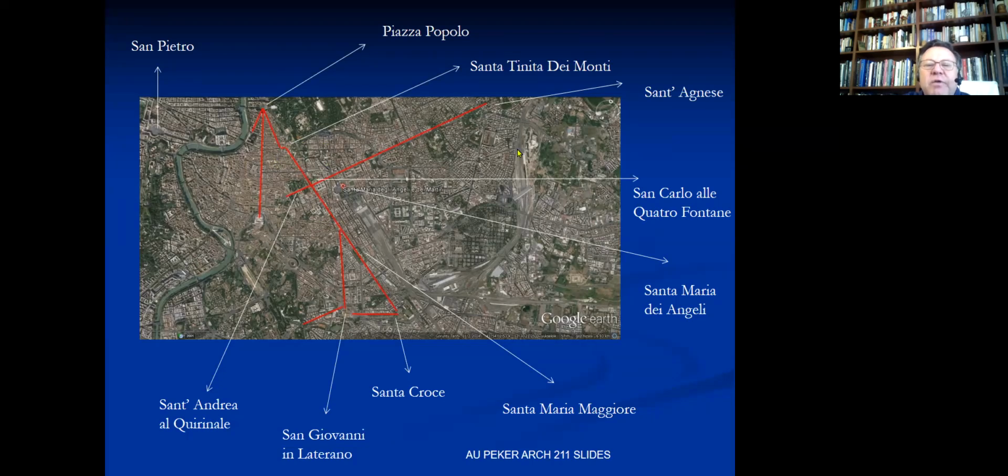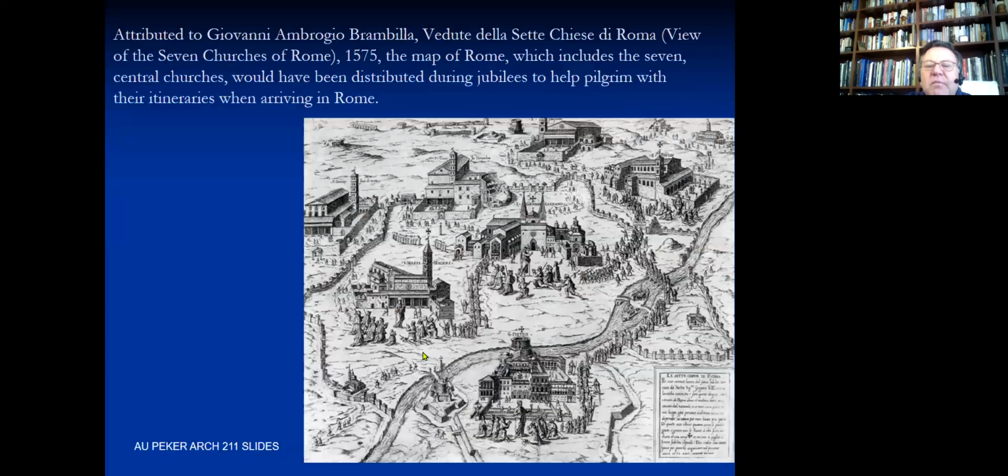The main thoroughfare is this one, leading from Piazza Popolo to Santa Croce. This map of Rome by Brambilla includes the 7 central churches, like the 7 hills of Istanbul. There in Rome were 7 great churches.